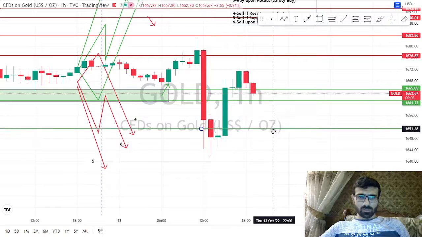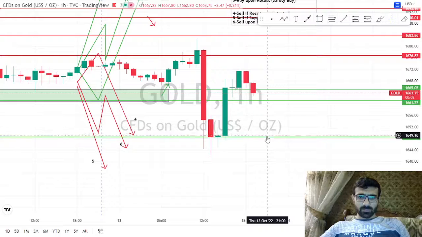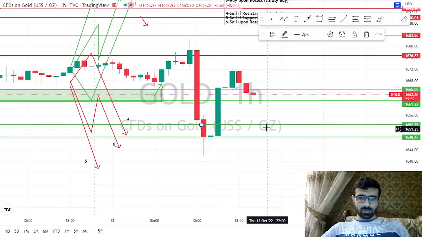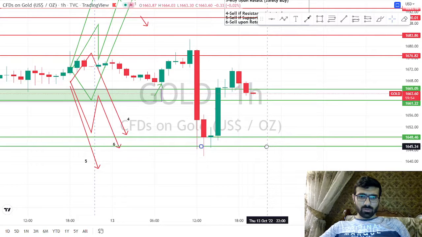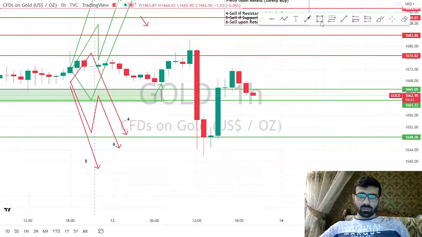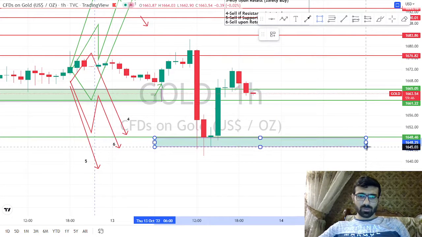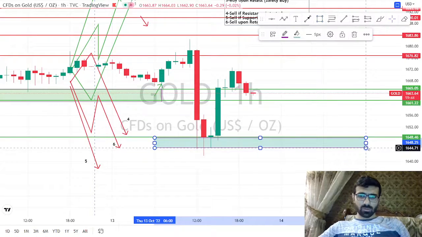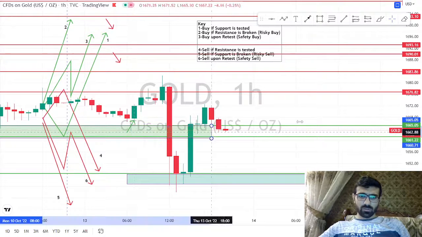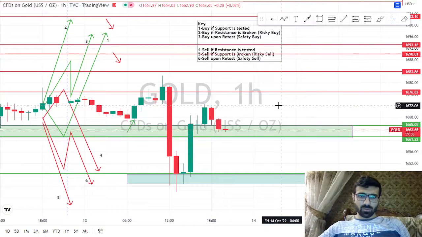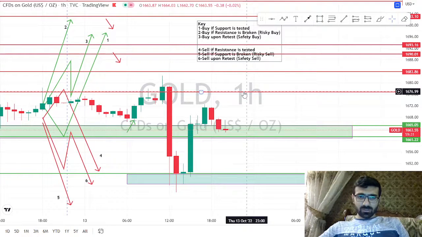Okay, so this is a new support area, and this support area will be something like this. So let me just mark it with this box. Okay, so this will be a new support area, and this support area will continue, and this resistance area is also going to continue.